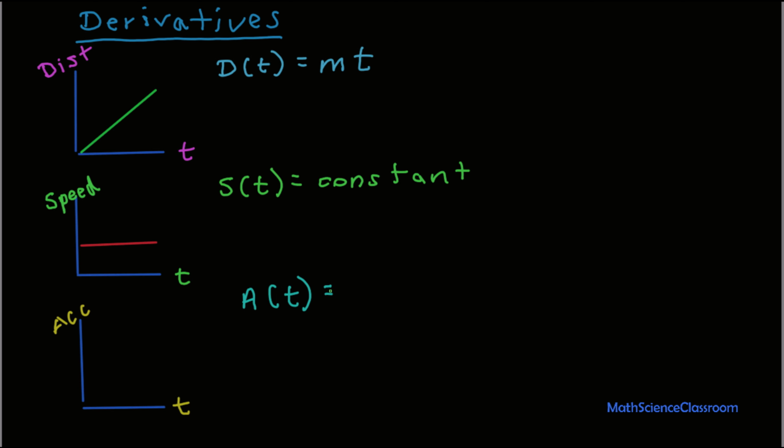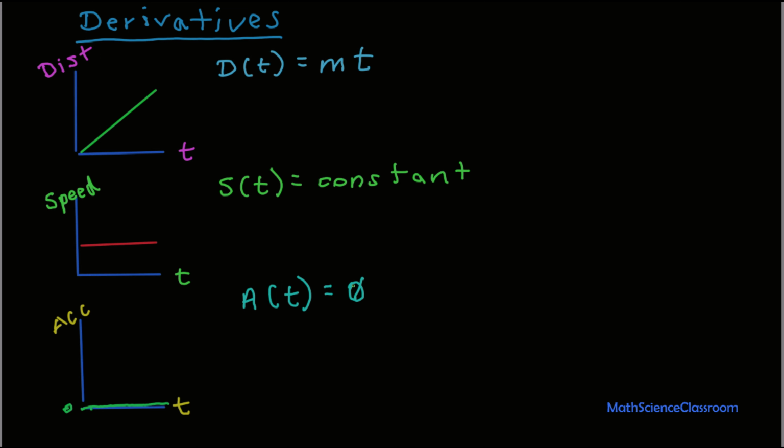We look at the speed graph and notice that the speed of the animal is not speeding up and it's not slowing down, it's remaining constant. Acceleration is the change in velocity or speed, so the acceleration is actually 0. We draw a line along the x-axis and say a(t) equals 0.